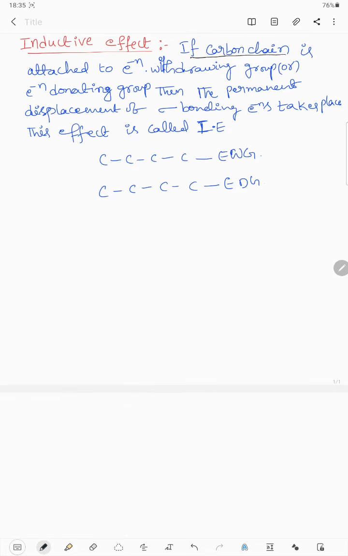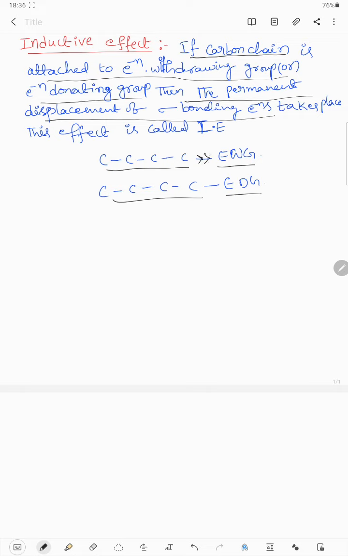If the carbon chain is attached to an electron withdrawing group, there is displacement of sigma bonding electrons towards the electron withdrawing group, like this.